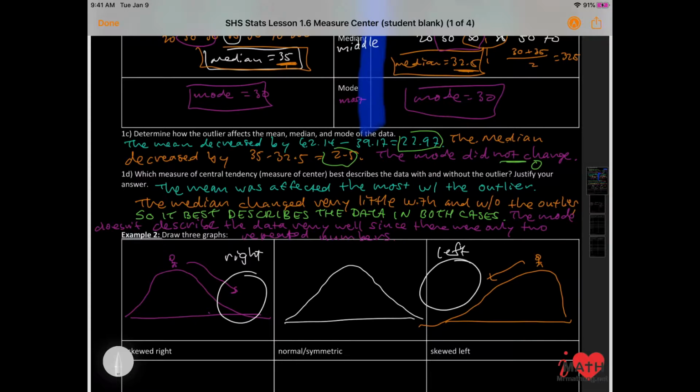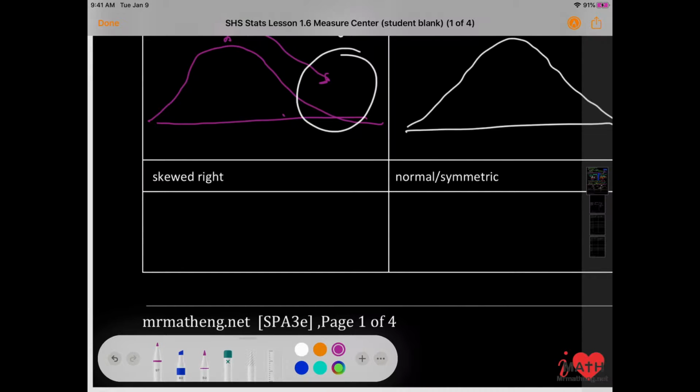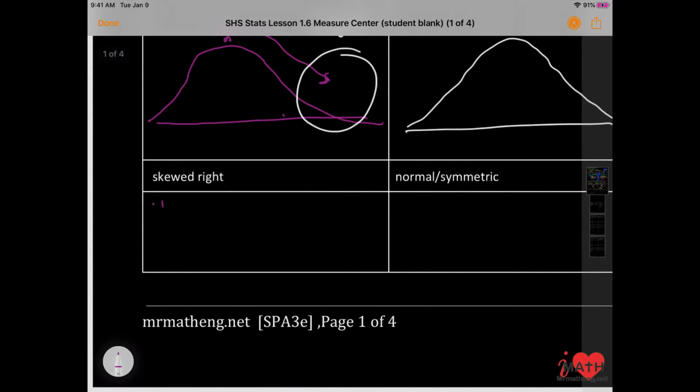Okay. Let's start with skewed right. Skewed to the right is also called positively skewed. Okay, here's the big idea. The mean and median are to the right of the mode.